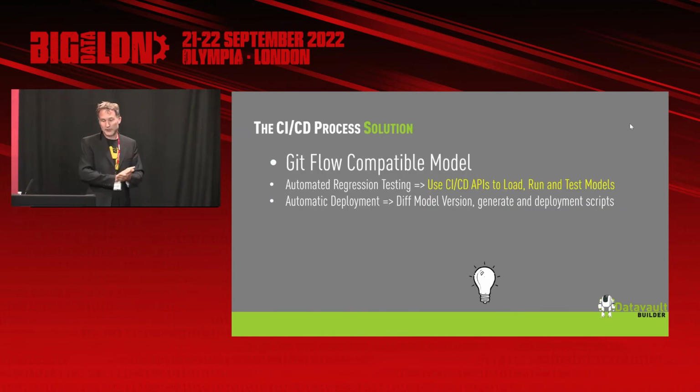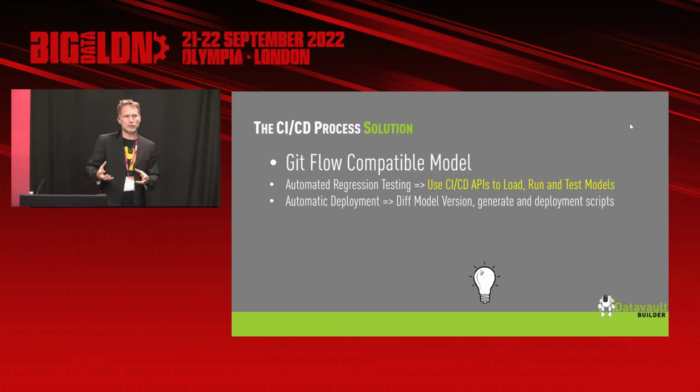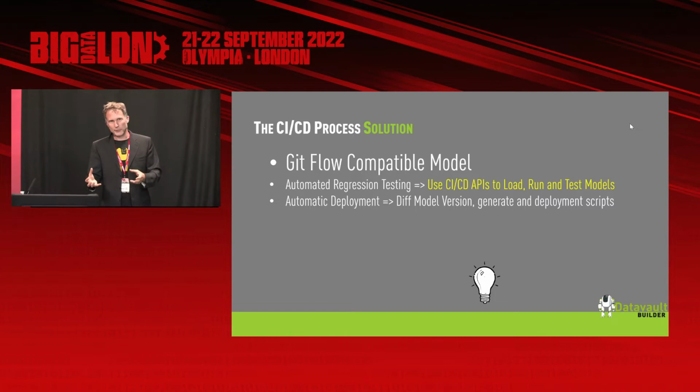So this was, in the end, our solution: a Git flow compatible model and automated regression testing. We have created some APIs to set up new environments, to load the model into the environment, to run some data loads, and to get the results, all through REST APIs. By that we became universal, so that we can now use whatever testing tool you have. If you have Tosca or Quality Center, fine.